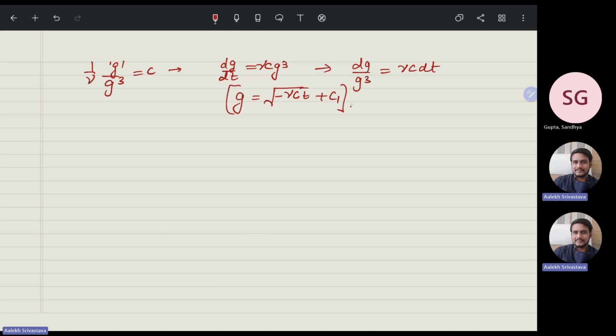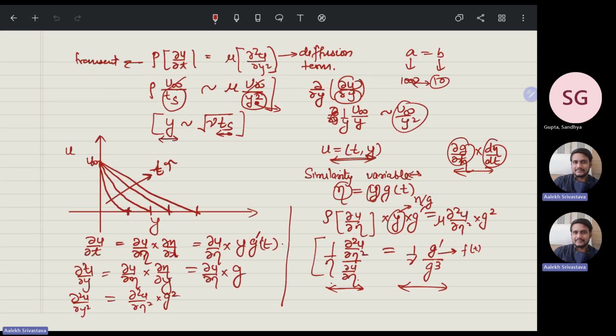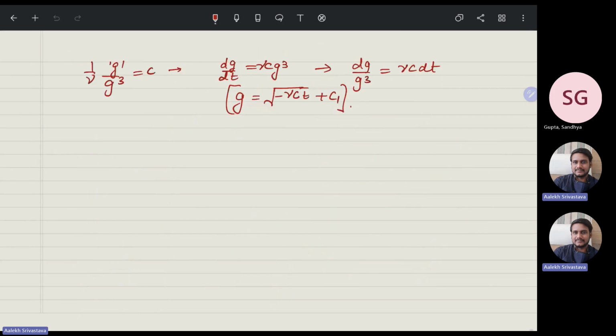So if you see this, what is the condition? This is a function of time. Since eta is equal to y into some function of t, at t tends to 0, y tends to 0, because at the start there is no penetration.